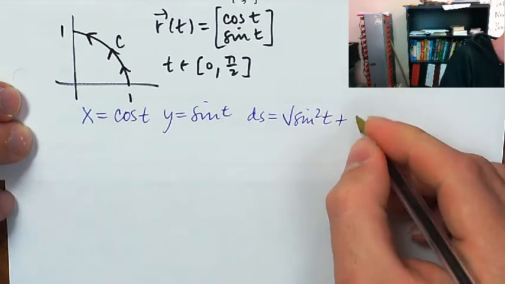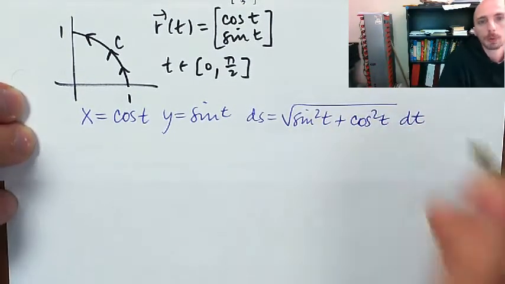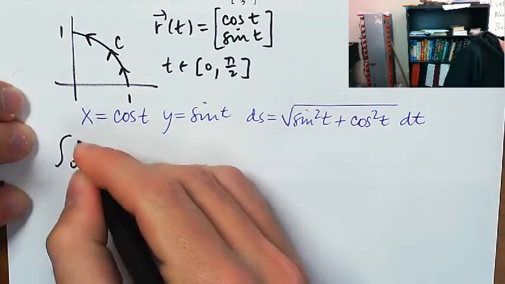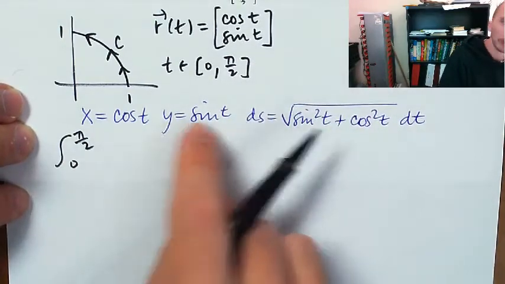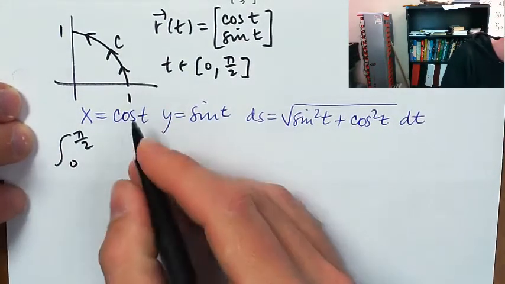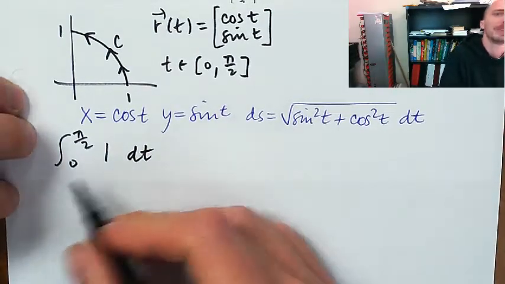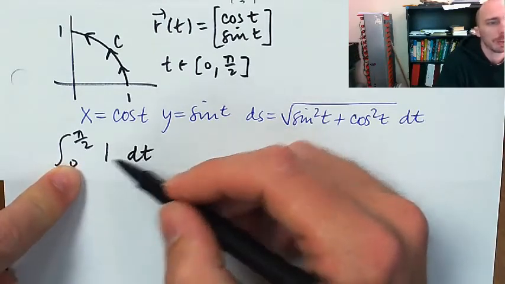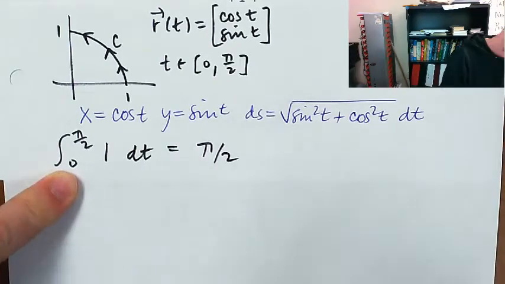Take dy dt and square it, and I'll get cosine squared t. This is another square root of 1 dt, so this is going to be the integral from 0 to pi over 2 of x squared plus y squared. Well, x squared plus y squared is also equal to 1. And then ds is 1 dt. We've done enough double integrals in this class to see that when I'm just integrating 1 dt, it's just going to be pi over 2 minus 0, which is pi over 2.